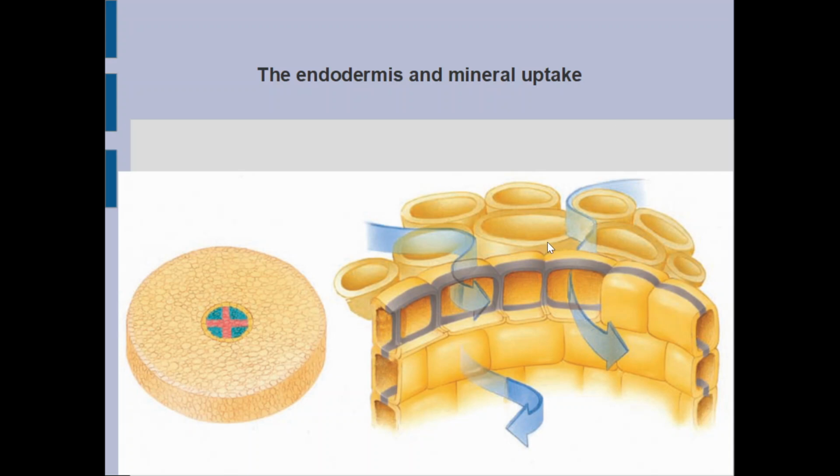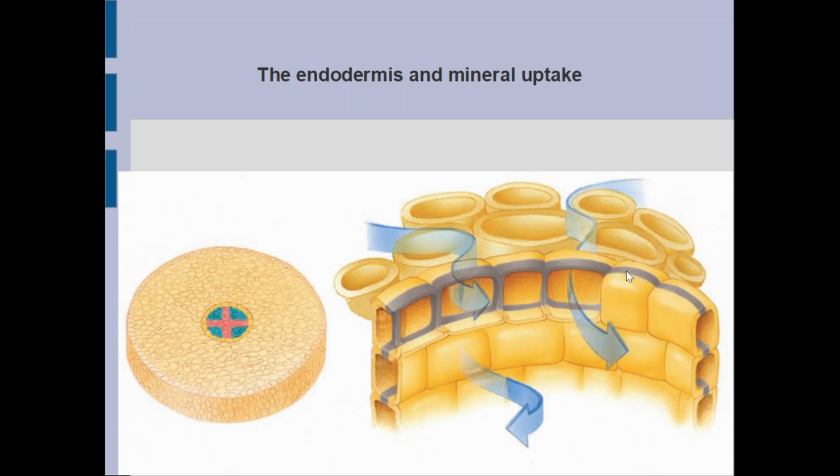So this is an endodermis, and this is parenchyma with the intercellular spaces here, and water can flow between these cells, but this is endodermis and they are very snugly fit, and this blue is a Casparian stripe.